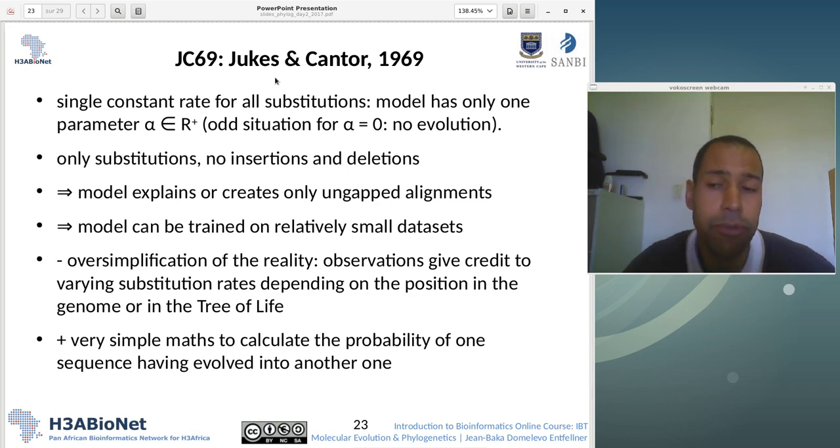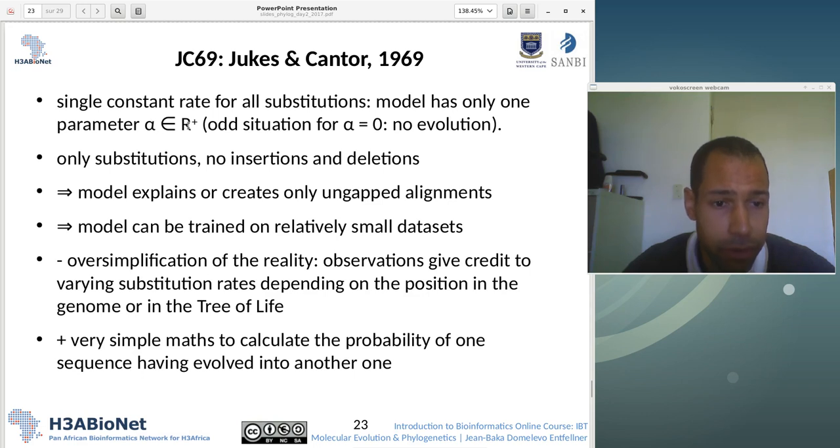So it's the simplest model, and it has a single constant rate for all substitutions. So all mutations from one nucleotide to another occur according to the same rate. And this rate is commonly known as alpha.